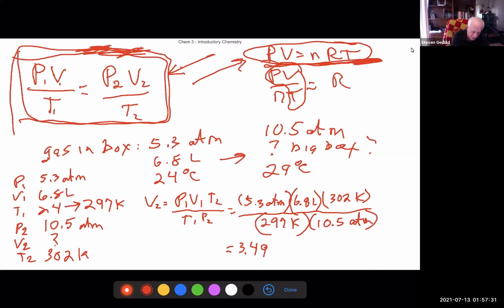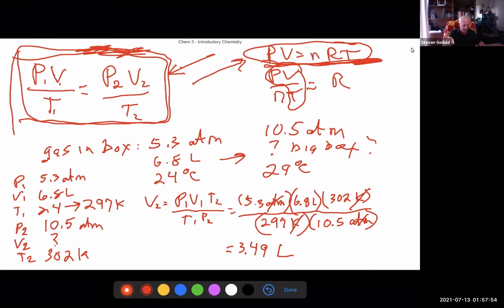And what units are left? Kelvin cancels, atmosphere cancels, we're left with liters. Okay, so the box has shrunk to 3.49 liters. So if you're given 5 of the variables, you can solve for the 6th one.